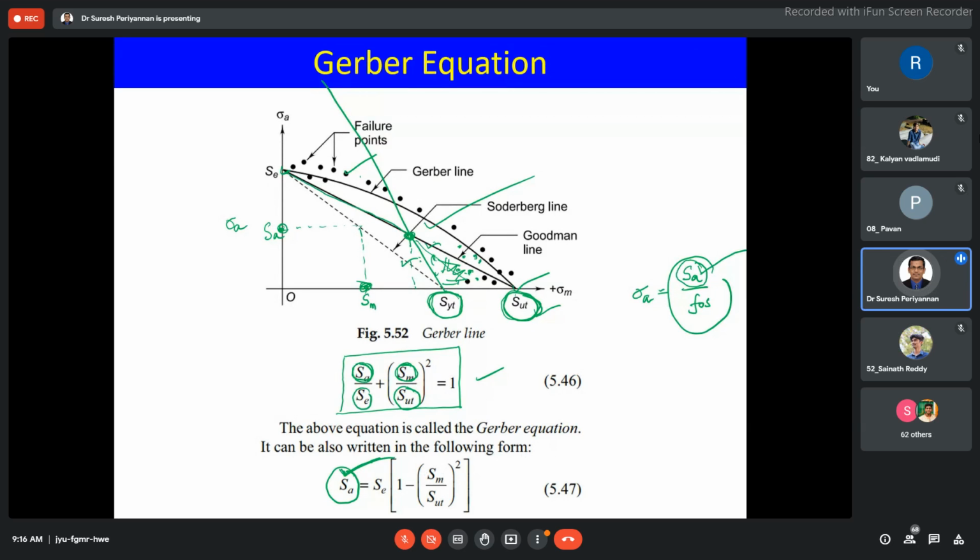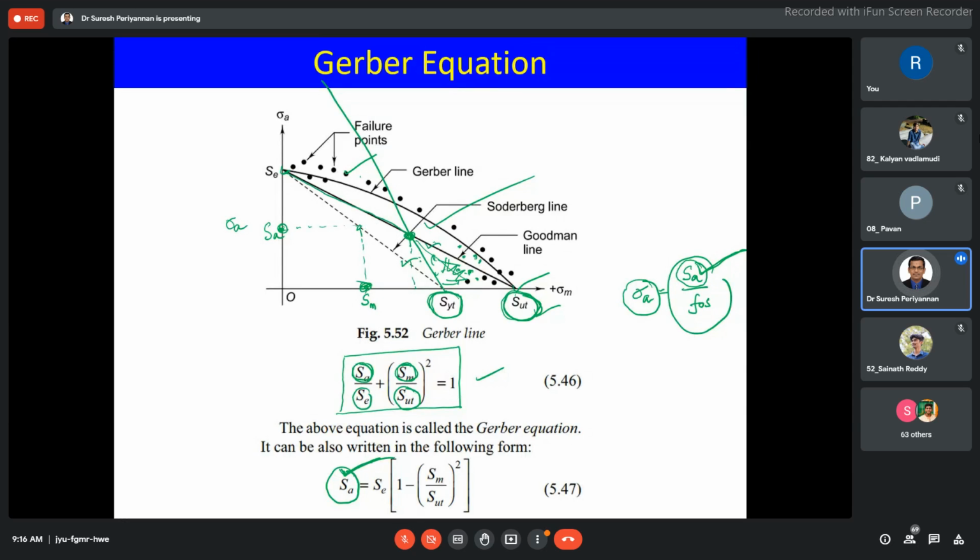When the dimension is more, and the practical stress amplitude sigma A is less than our SCA, then the component design is much safer than with the other two theories, Soderberg theory and Goodman theory, which are simple concepts.